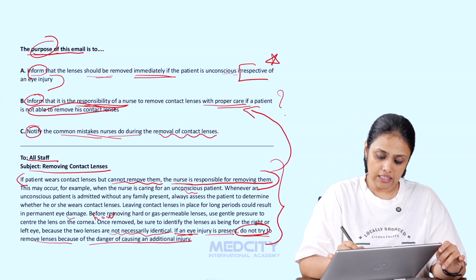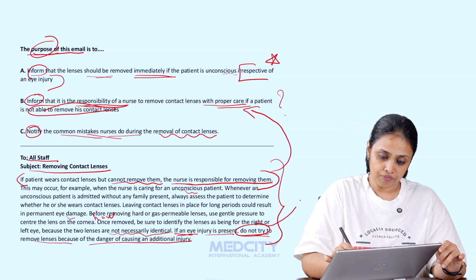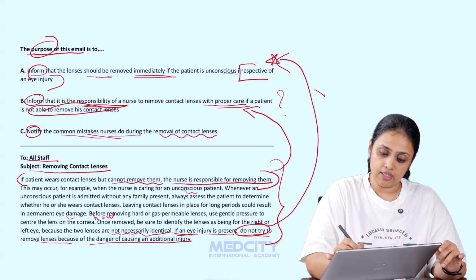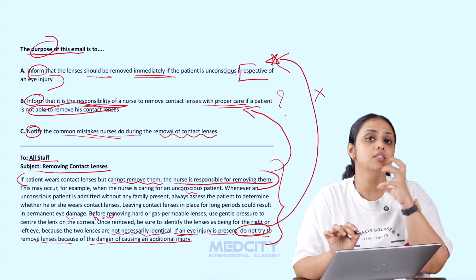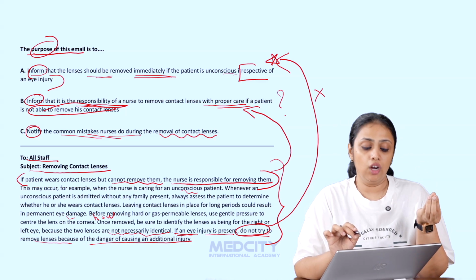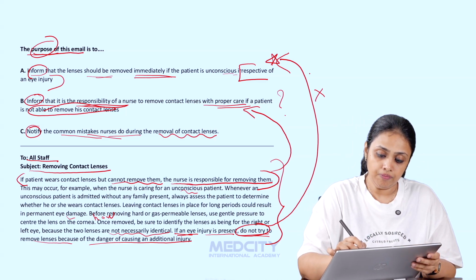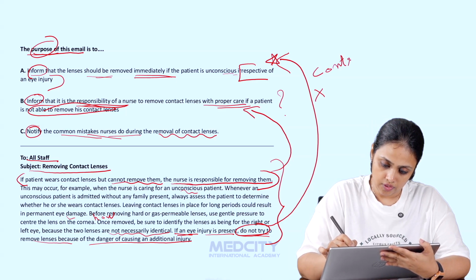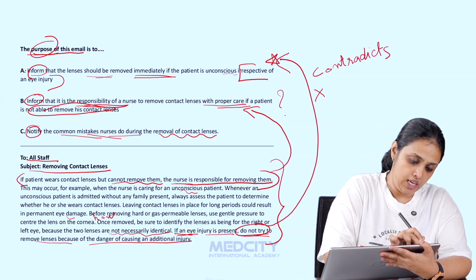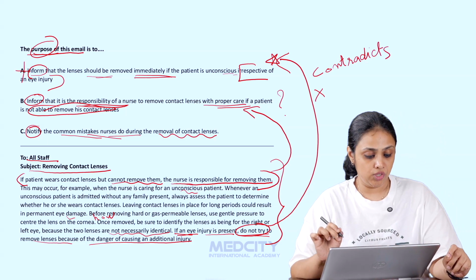Which means that this actually contradicts option A. Option A says that irrespective of an eye injury, the nurse has to remove the contact lenses. So we can very confidently eliminate option A.